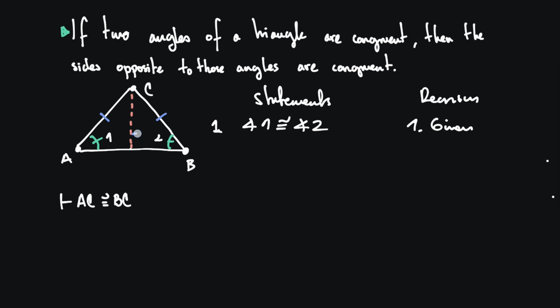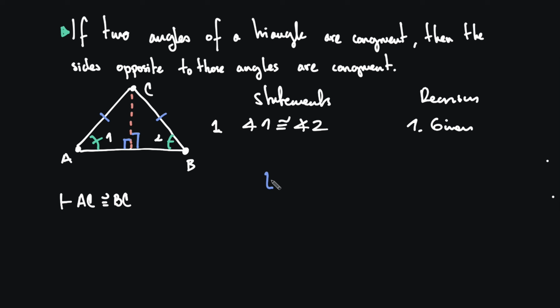Let me use a different color that we could see better. So we know that these two are congruent. Also, we know that if we draw this altitude here, it's a common side in between the two triangles. So we have right triangles that have a common side, so a common leg. So we have a leg that is congruent. And by the given, we know that two acute angles are congruent.